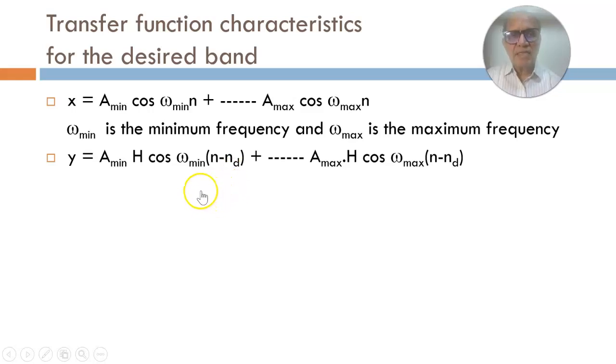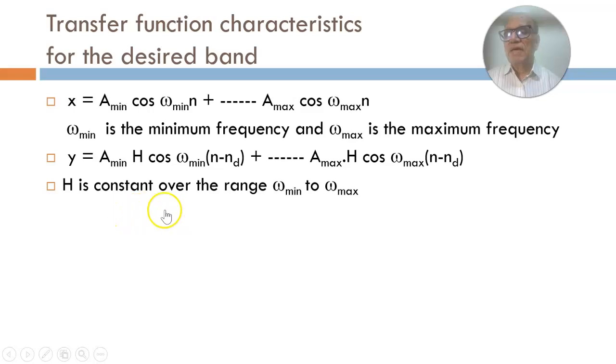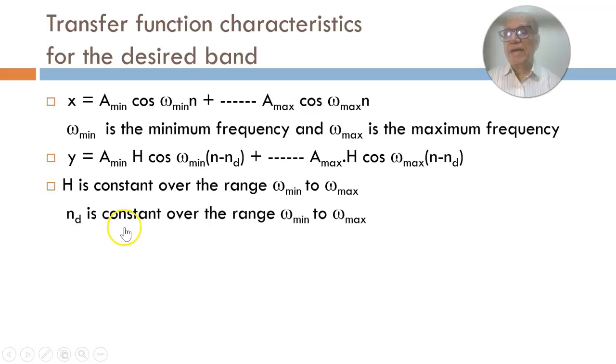So what we are saying is that for the band of interest, not only should the gain be constant, which is the magnitude of the transfer function, but the delay provided by the filter also should be constant. So H is constant over the range omega min to omega max. ND is constant over the range omega min to omega max.